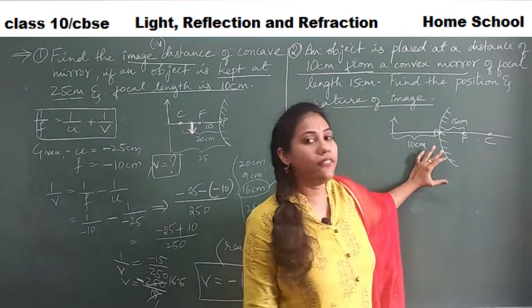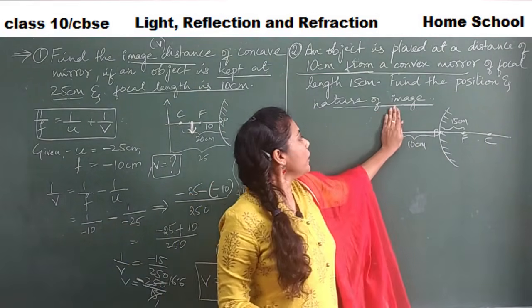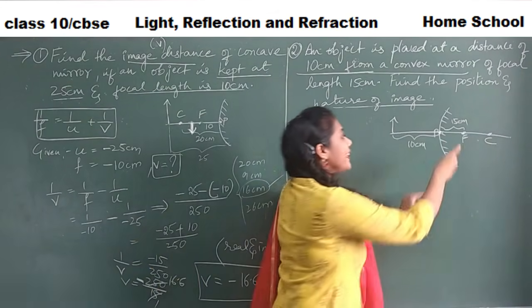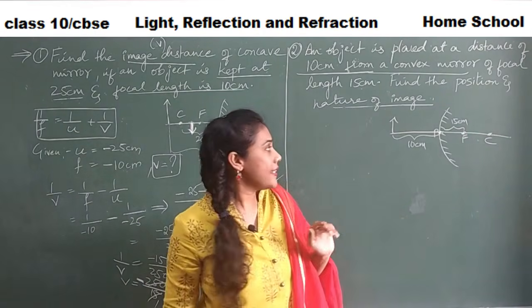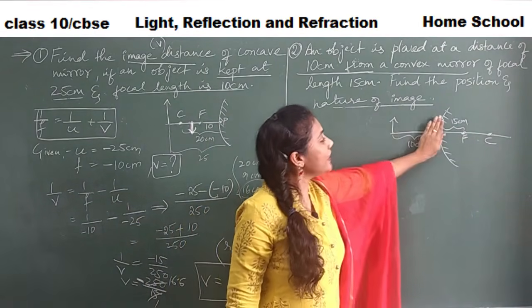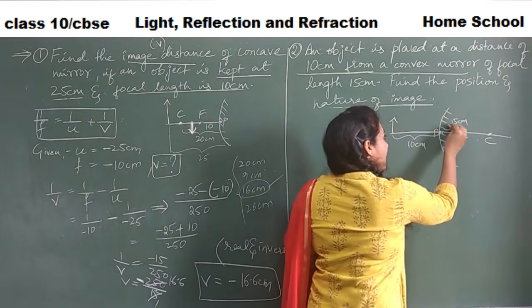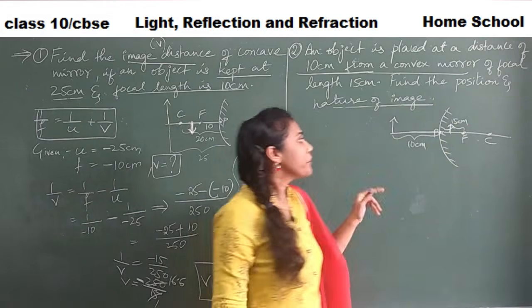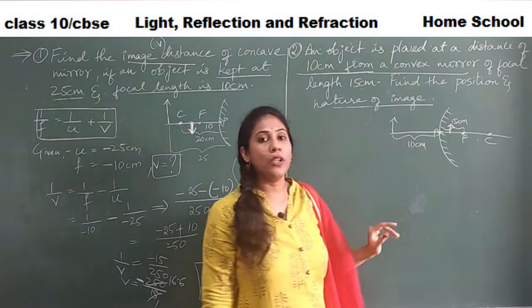In case of convex, you have only two cases, right? One is, if you keep your object very far away, that is at infinity, you get your image at focus. Another case is, when you keep an object near the mirror, you get your image between the focus point and pole.